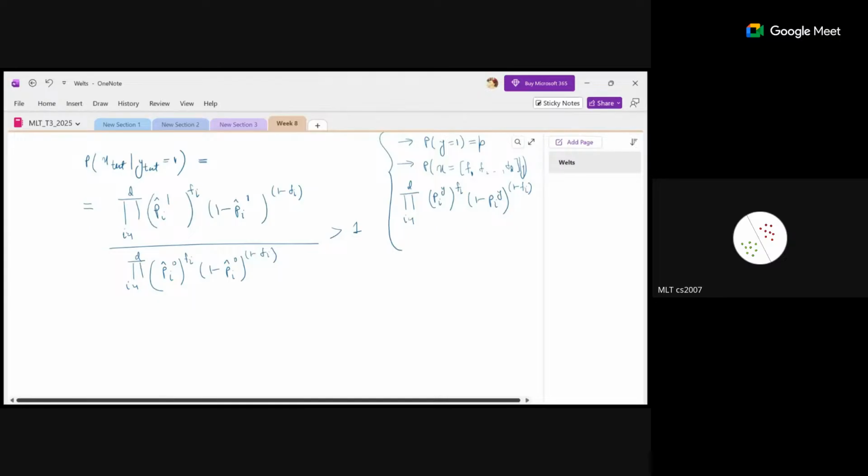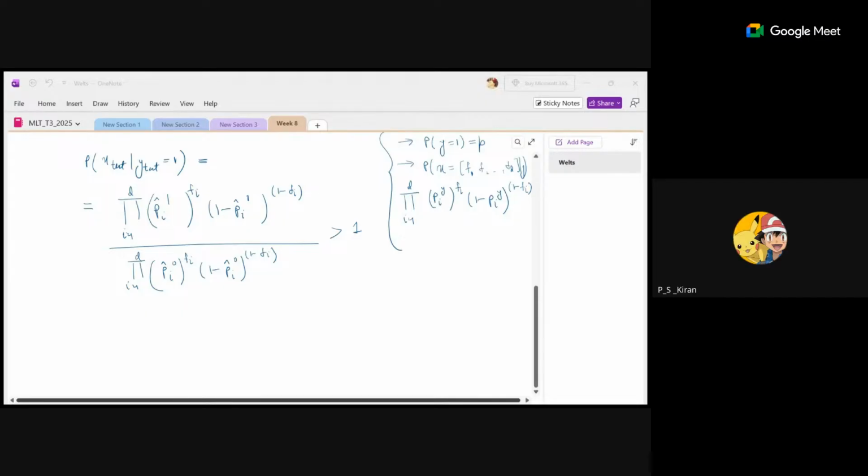Ma'am, it could be reciprocal, no? Meaning, when we predict for one, it is greater than one. If we predict y test to be one, then it is greater than one, no? If we predict for zero, I think it will be reciprocal.